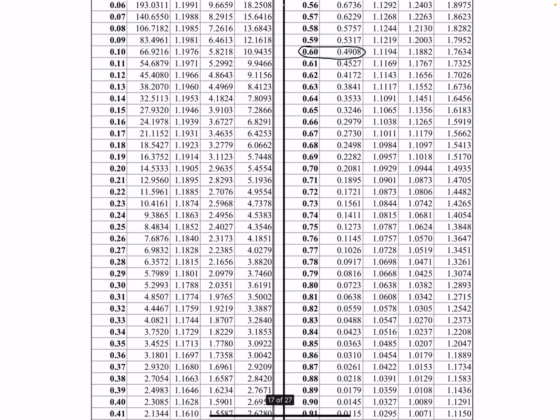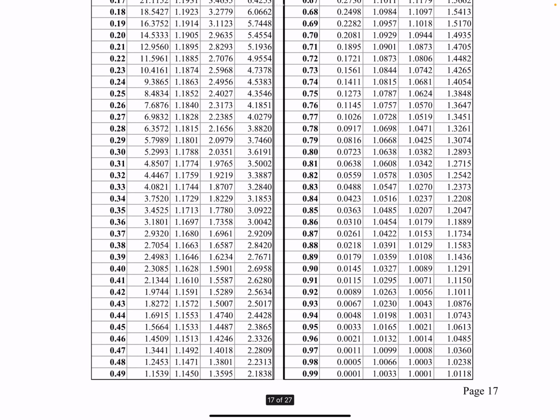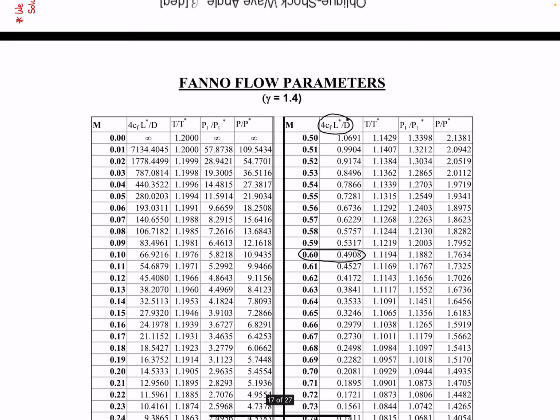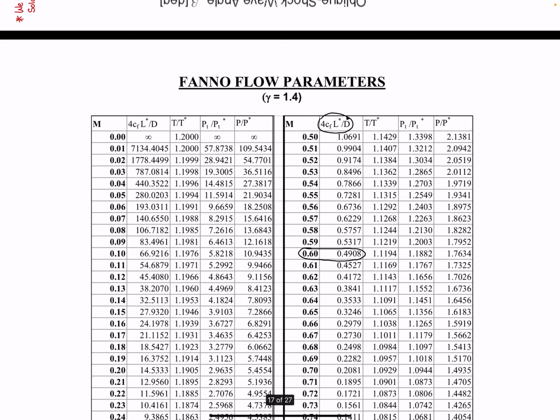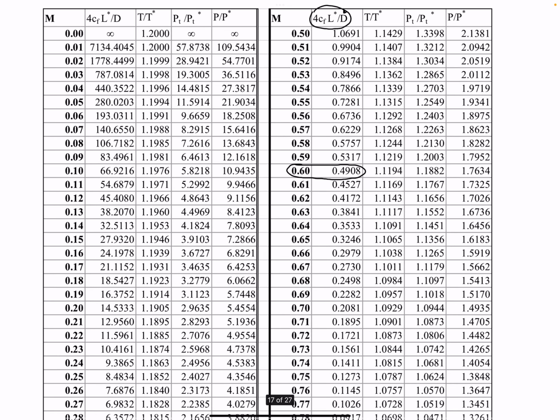So this goes down. We're expecting the flow, if it's subsonic, to go faster, right? Because we're compressing it and it started subsonic. So let's see. We want this to go down, and we see it's going down here.